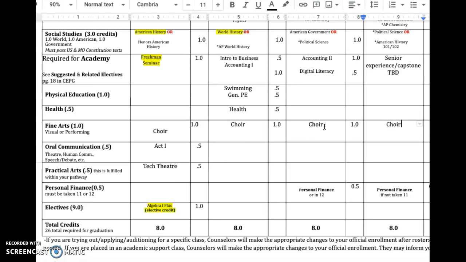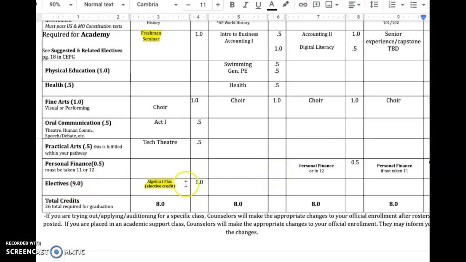So you're going to go ahead and fill in those type classes that you know you want to take. Maybe you want to start a foreign language. That's actually become an elective, so maybe you'll start Spanish next year. So go ahead and fill in the classes that you know that you want to take.